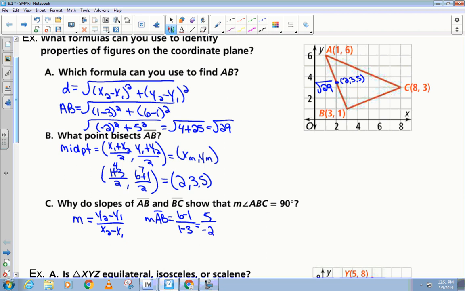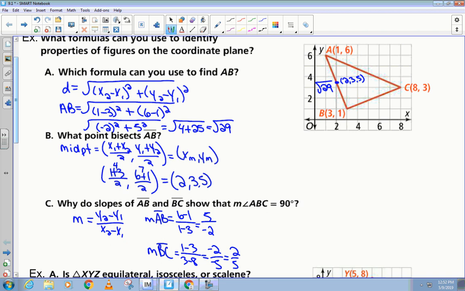And then if I look at the slope of BC, that would be 1 minus 3 over 3 minus 8. And so that's negative 2 over negative 5, which is a positive 2/5. So see how they're opposite signs.